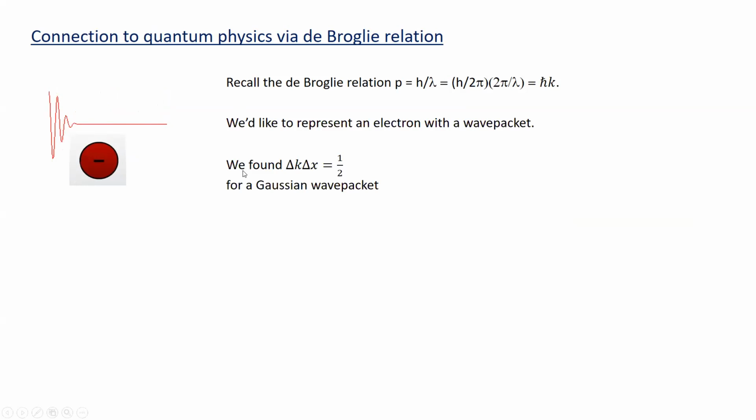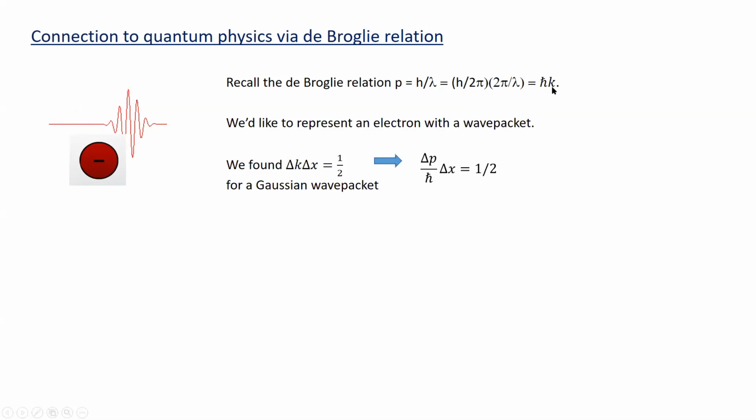So we found for a Gaussian wave packet that delta k times delta x was equal to 1/2 on the previous slide, or we quoted that result. So now solving for delta k here, we have delta k would be delta p over h bar.